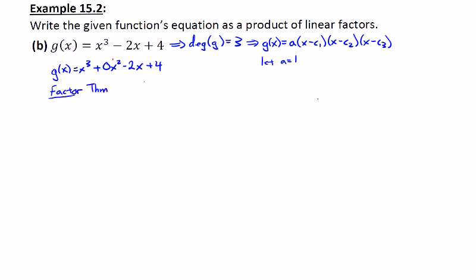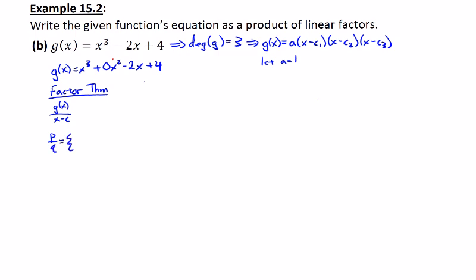So with the factor theorem, we're going to be looking at taking g of x and dividing it by an x minus c. Now, I'm not really wanting to sit here and just guess what I think c needs to be in order for the factor theorem to work. So instead, we use the rational zero theorem to be able to make the P over Q list.